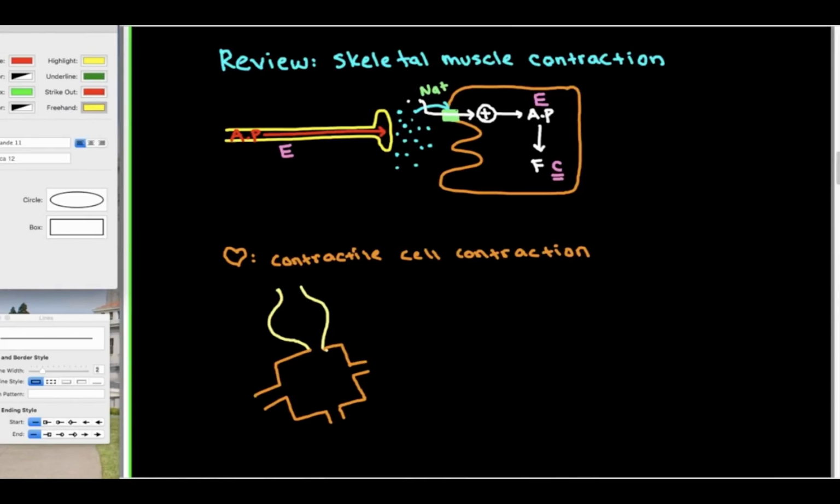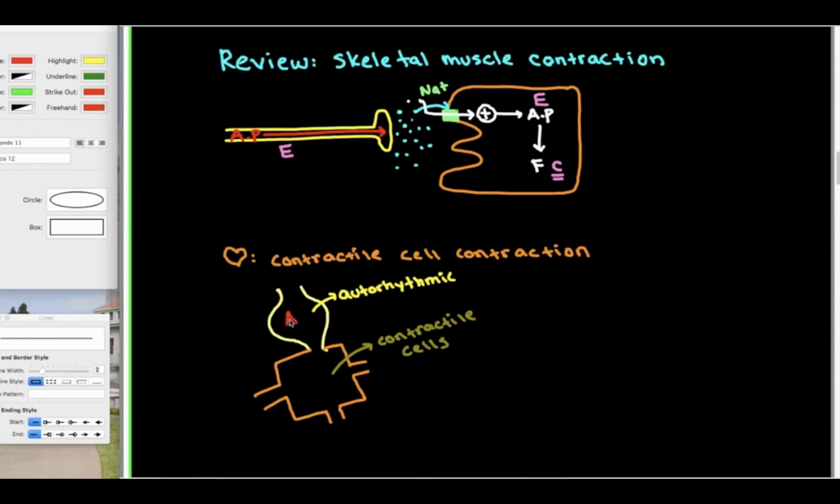So I tried to color code them, the contractile with the skeletal. So the yellow ones produce the first excitation. We have the autorhythmic cells, which are functioning a lot like the motor neurons in skeletal muscle. We have the contractile cells, which are functioning just like skeletal muscle fibers to generate force.